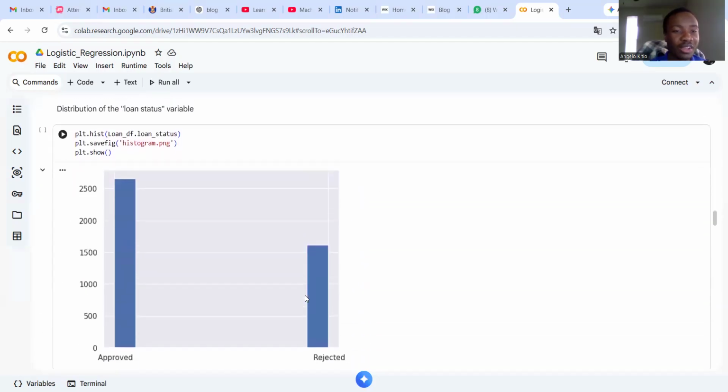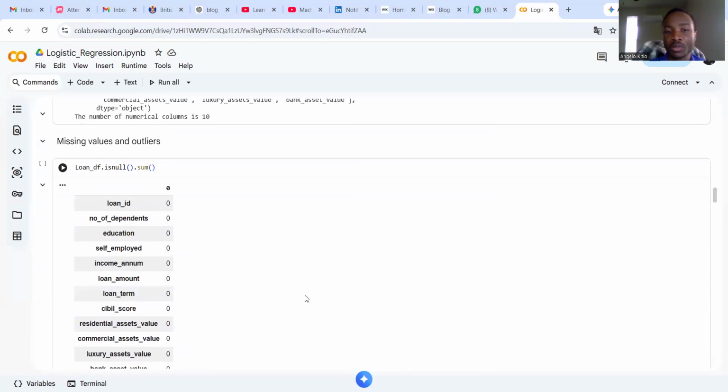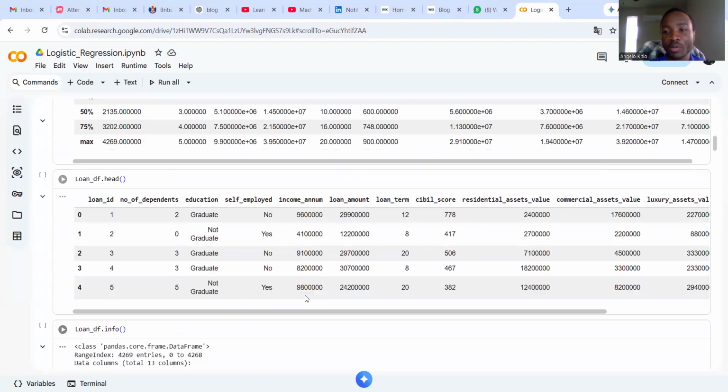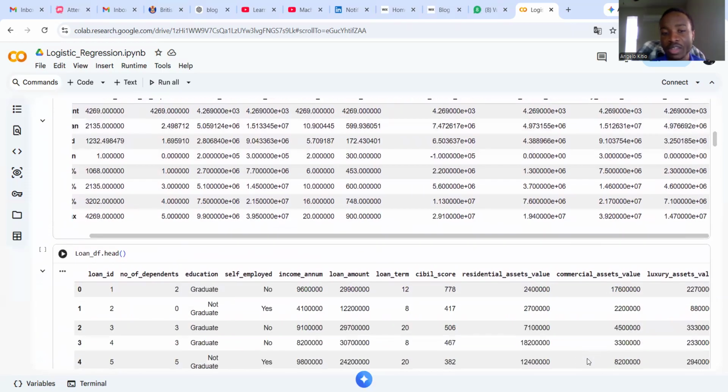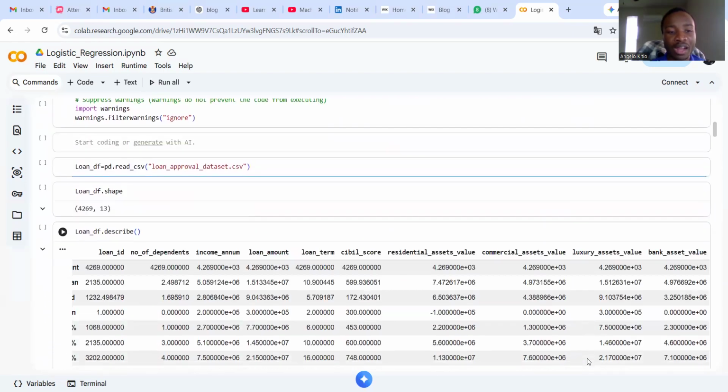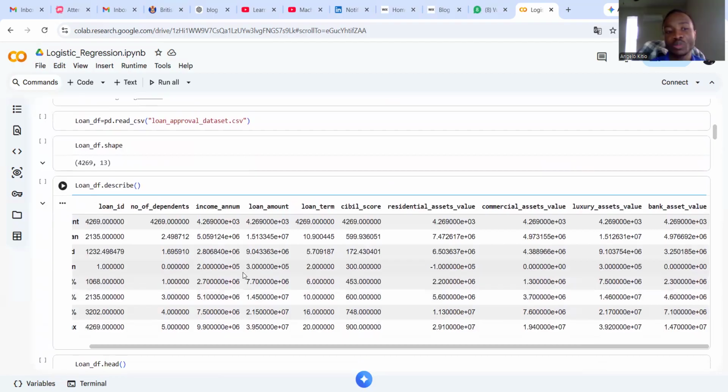And then the next thing will be to understand the relationship between the target variable, which is in this case the loan status here, and some of the other attributes we have, maybe the number of dependents and everything. So the idea will be to understand if maybe the annual income influences the loan application status. That means, does it help if the annual income of the person is higher?